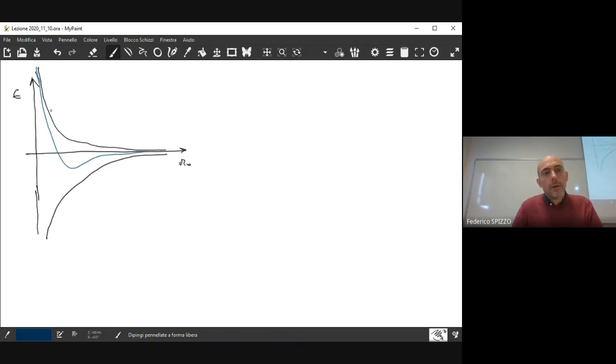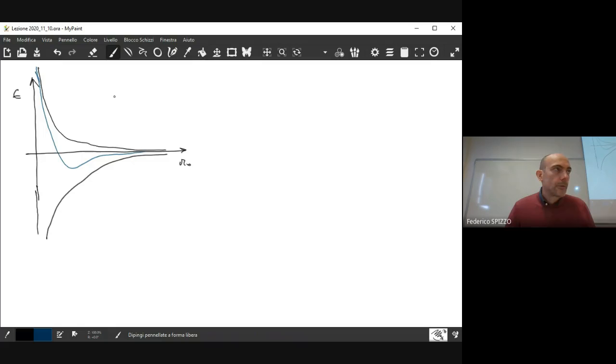So at low values of R0, the dominating term is the kinetic one, then the prevailing term is the exchange one, and then at the end, for large values of R0, they both go to zero. So the idea is that the exchange term is not the dominating one when R0 is small. When R0 is small, the dominating term is the kinetic.